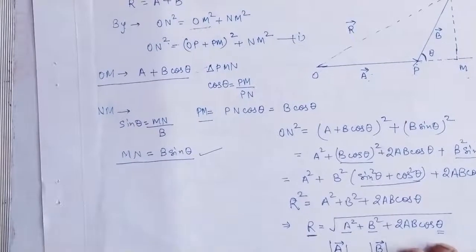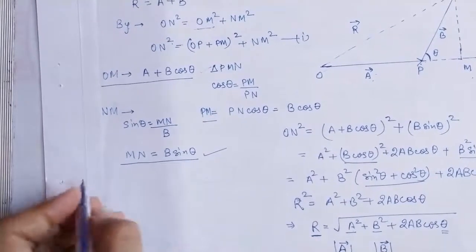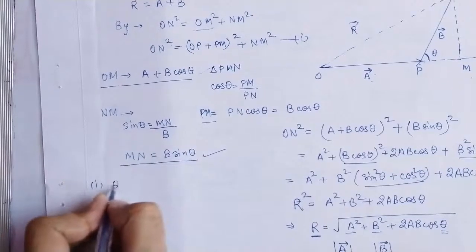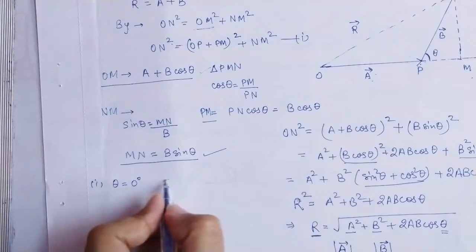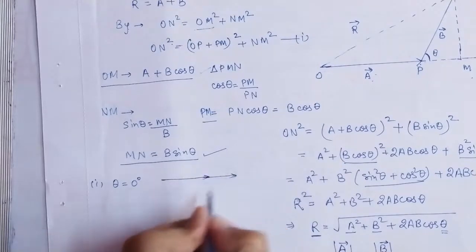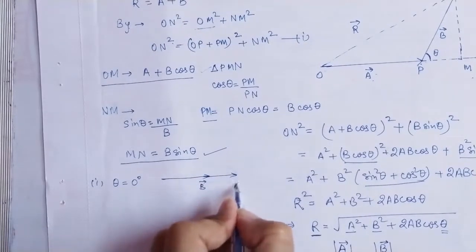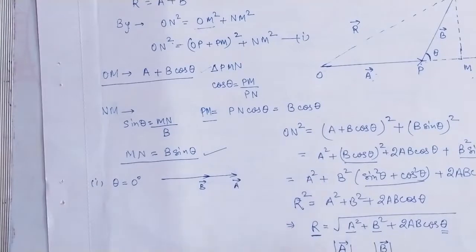Now let us see what can be the possible values of theta that can influence our resultant. So the first thing is, if theta is equal to 0 degree, that means both A and B are acting parallel to each other. So let's call this our B vector, this our A vector. So what will happen to the formula?